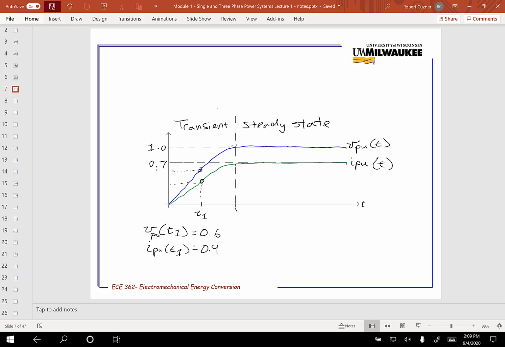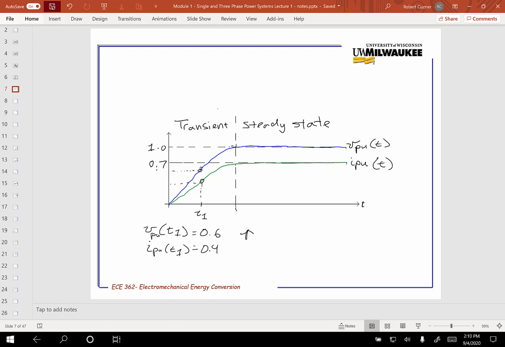Now these are per unit. I just want to make sure that you understand that scalar, I could have measured these in volts. The scalar value could have been 60 volts or 4 amps in this case. It doesn't matter whether I'm per unit or real units. I'm just trying to show these on the same plot. I just want to make that clear. I could also do a power calculation at that point.